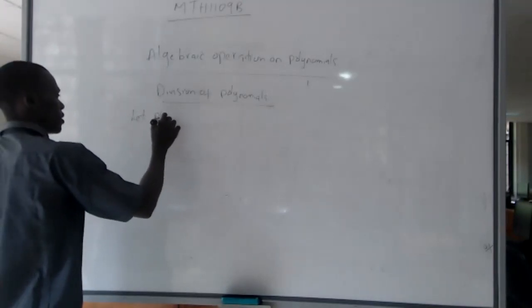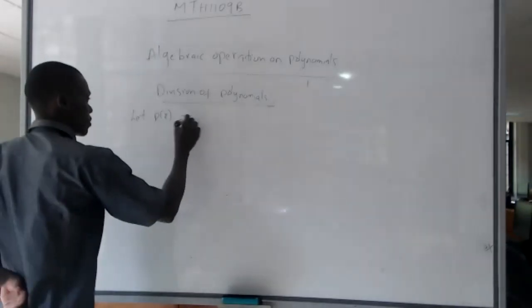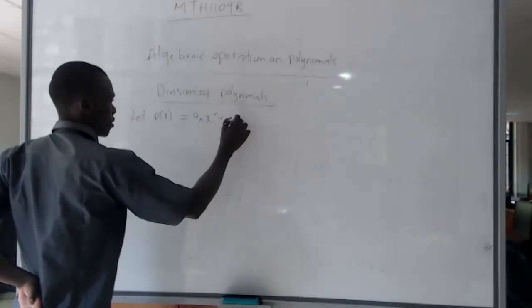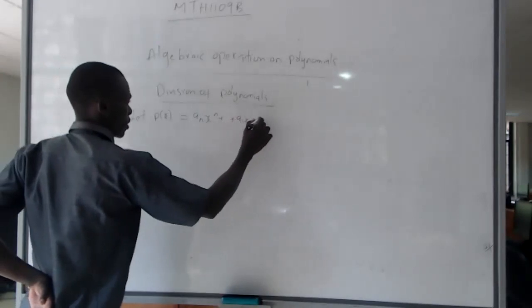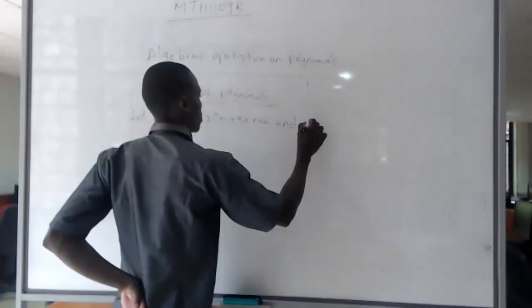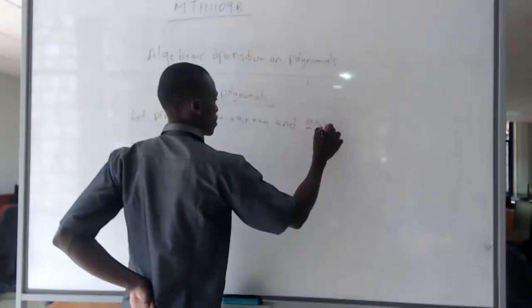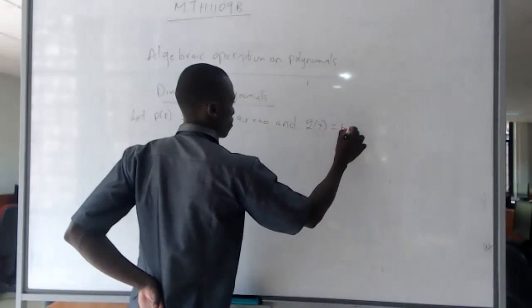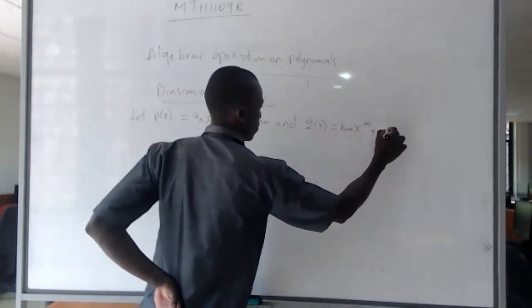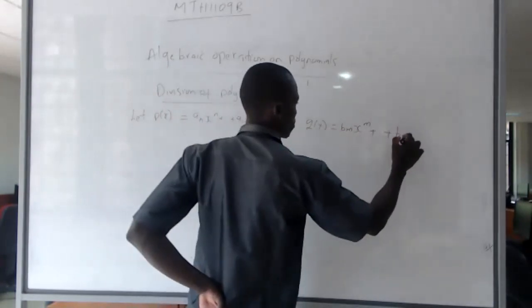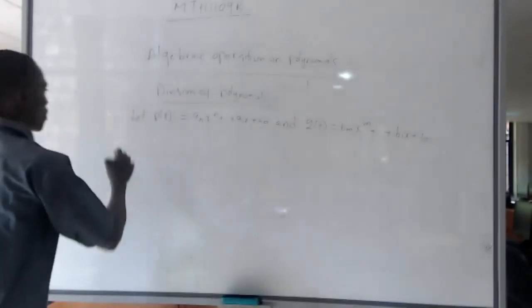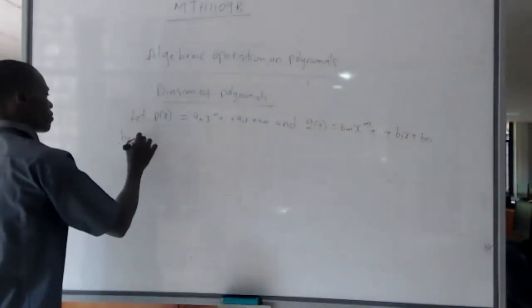Let P of x be a_n x to the n plus up to a naught, and Q of x be b_m x to the m plus up to b_1 x plus b naught. Let those be polynomials.